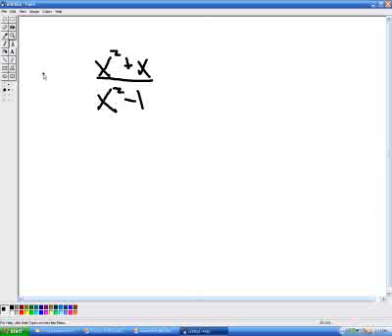Our process says to factor the numerator. Looking just at the numerator here, we have a common x. This is exactly how I do it when I do my work on my paper. I just factor it right above, like that, and then I cross that out to show that I'm done with that.